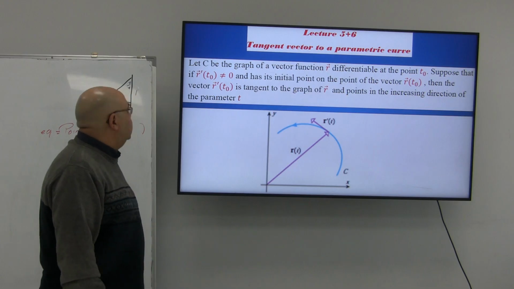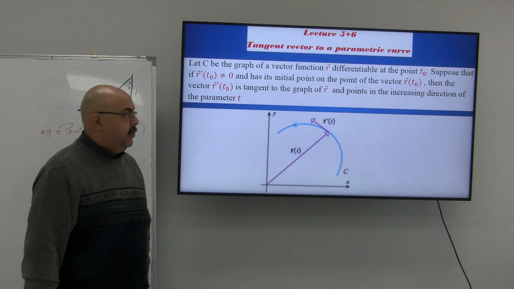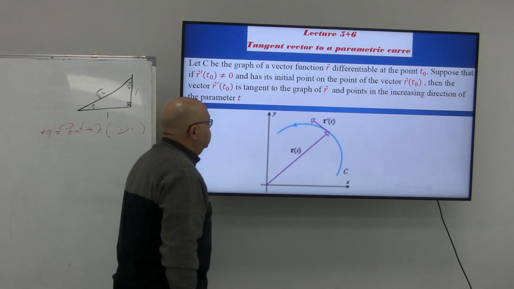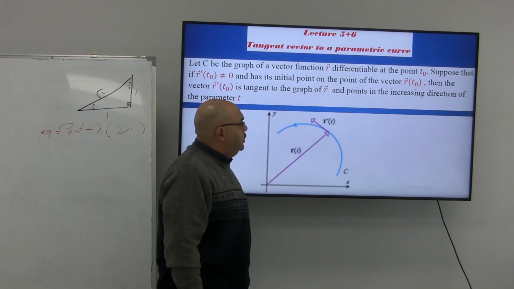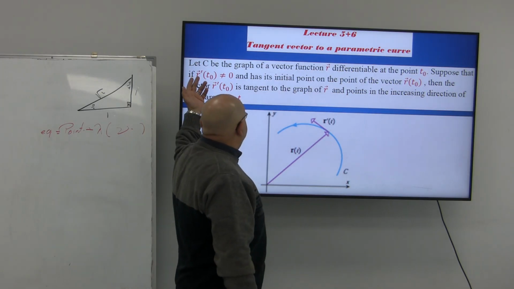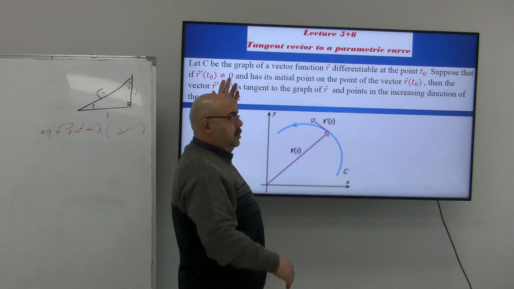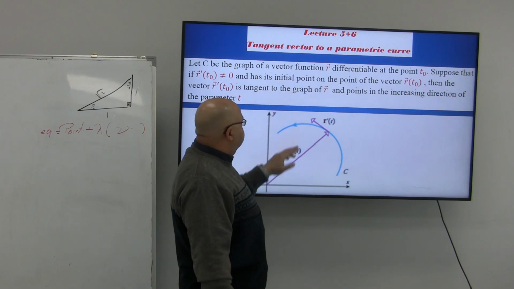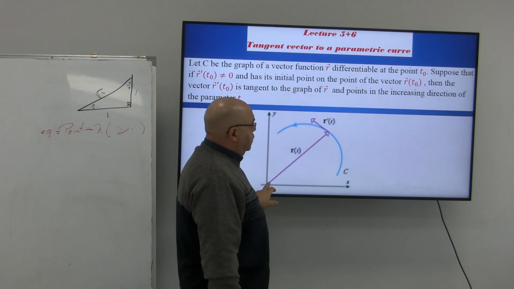Let's start with the definition of a curve and the tangent of a curve. It's written that, let C be the graph of a vector function r, differentiable at point t naught. Suppose that r dash at t naught doesn't equal 0, so its derivative at this point doesn't equal 0. It has its initial point at the point of the vector r of t naught.